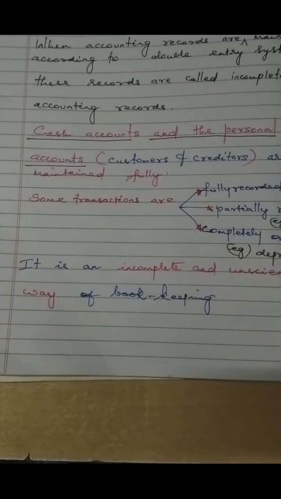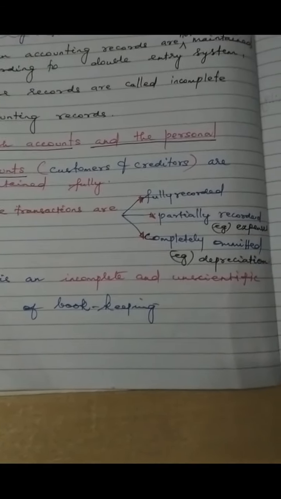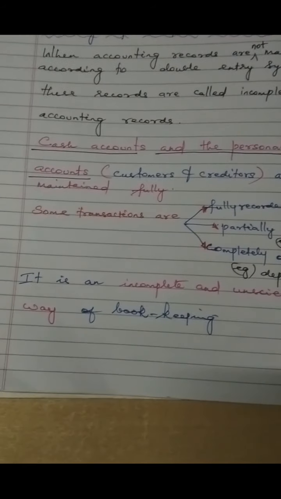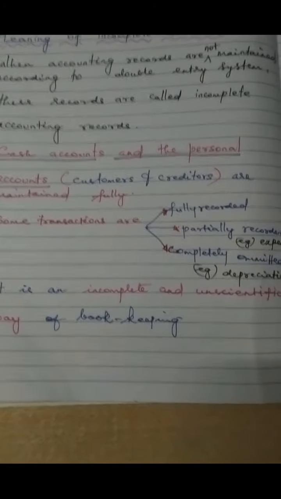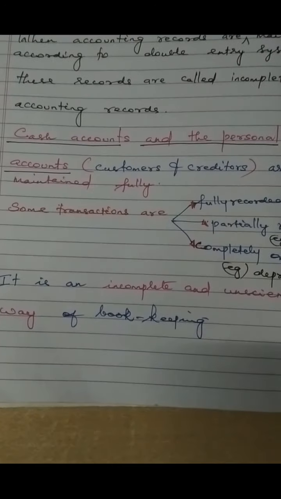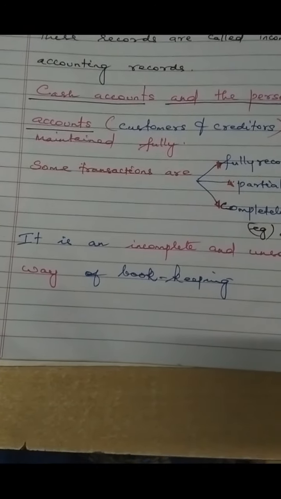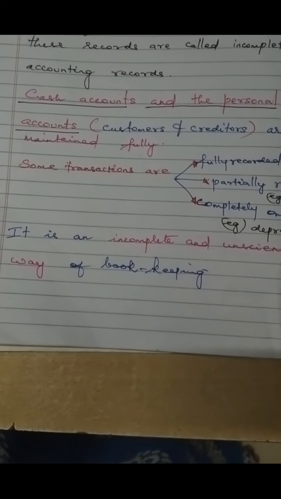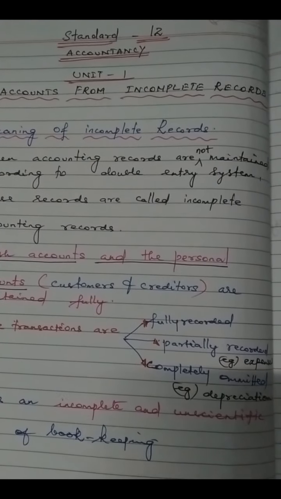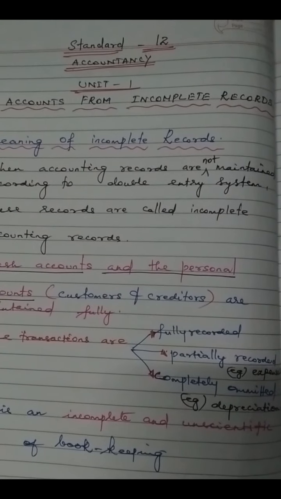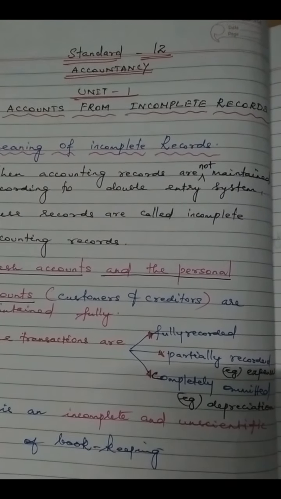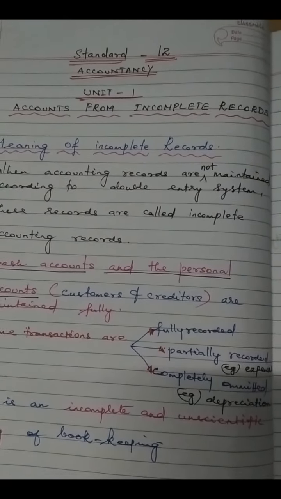That's why those accounting records are called incomplete and unscientific way of bookkeeping. So, incomplete accounting records are unscientific and unsystematic by nature.